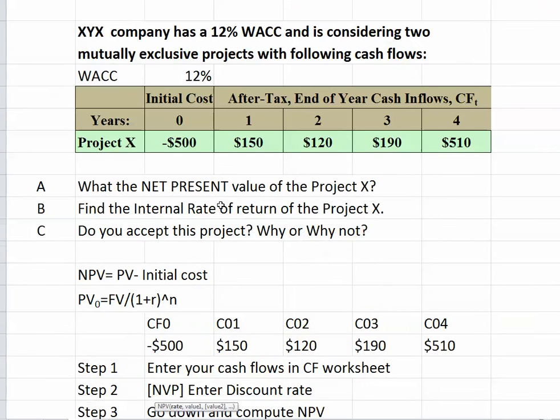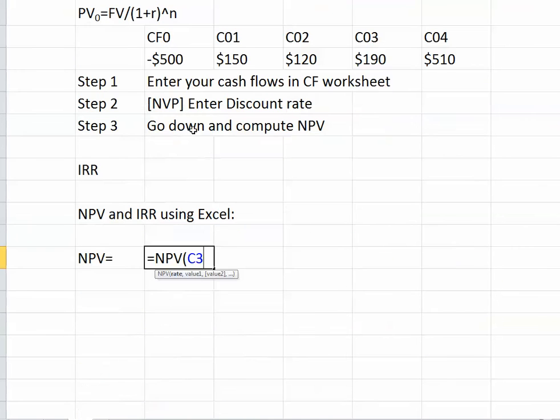So our rate is 12%. Then just follow this instruction. Then you put a comma, and then you select the values: cash flow 1, cash flow 2, cash flow 3, cash flow 4, right? So close the parenthesis and take out that initial cost.